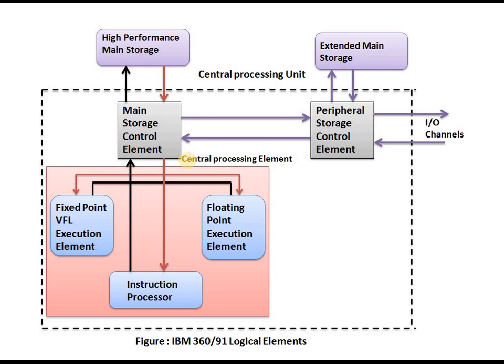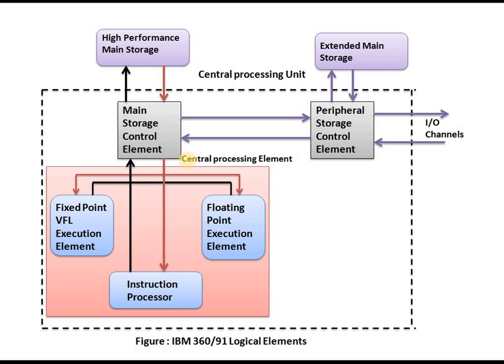For each instruction, it determines what must be done and which execution unit has responsibility for it. Branching, status switching, and I/O instructions are handled by the instruction processor. Other instructions are routed to other areas for further processing.